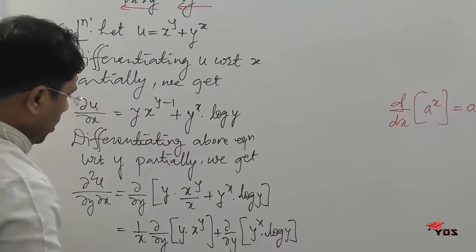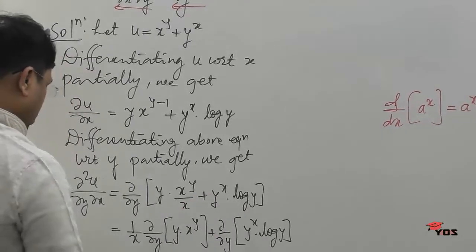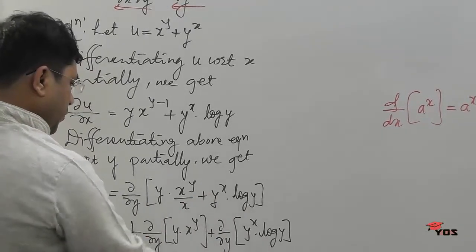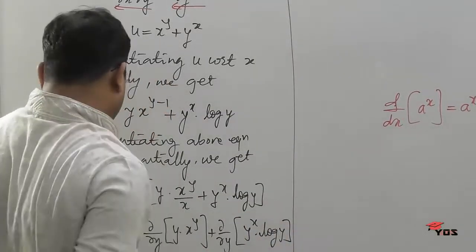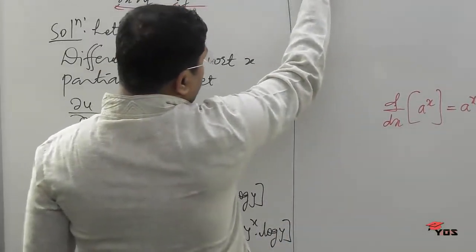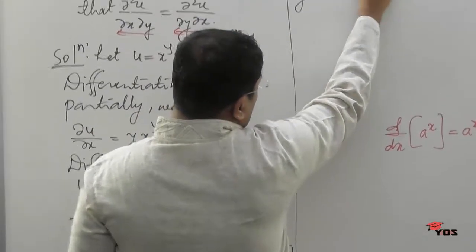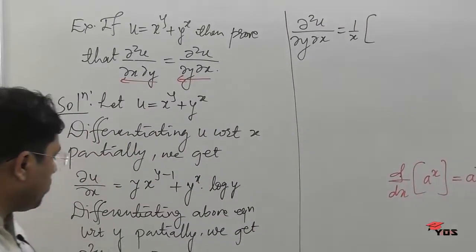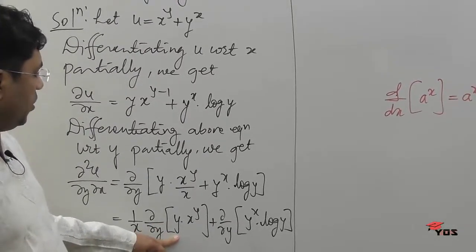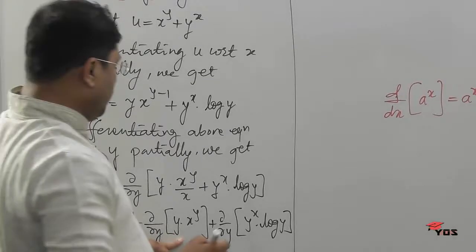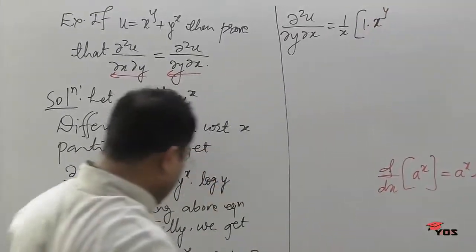Here we can use the u into v rule, here also we can use the u into v rule. So we have ∂²u/∂y∂x is equal to 1/x, which is a constant, and then the u into v rule. The derivative of y with respect to y is 1, and x raised to y remains as it is.